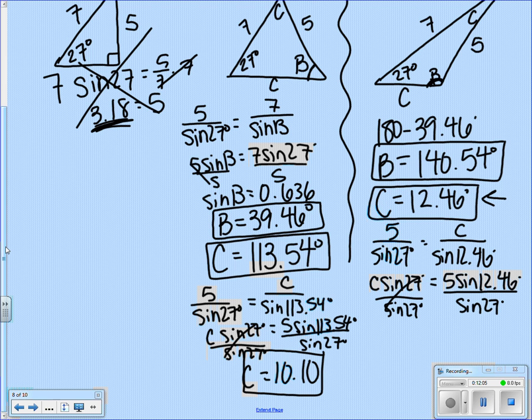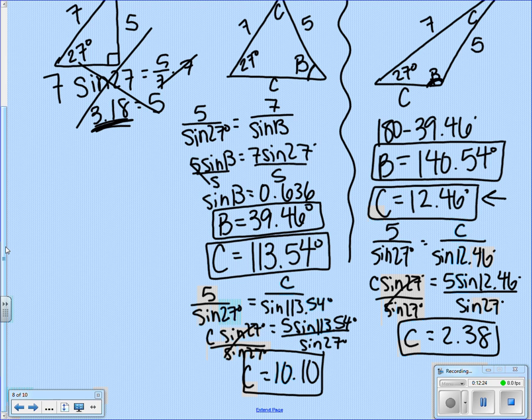And so if you plug that into your calculator, you're going to get a different C value, and it is 2.38. And so that would be your answer. So you'll have 2 triangles drawn, and then you'll have these 6 values.